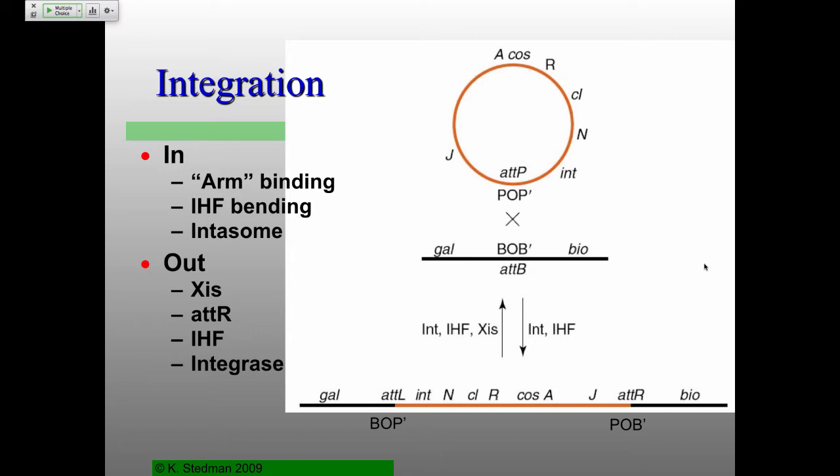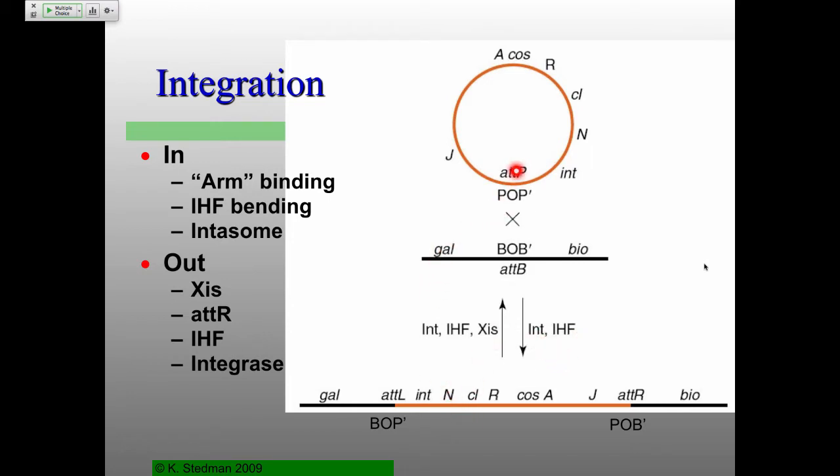In the integration reaction, which is shown right here, you have just the integrase protein and the integration host factor. Again, not surprisingly, this is a host gene, a bacterial gene. All it does is bend the DNA. And then with just IHF, you have integration.